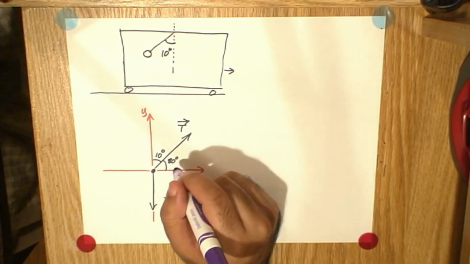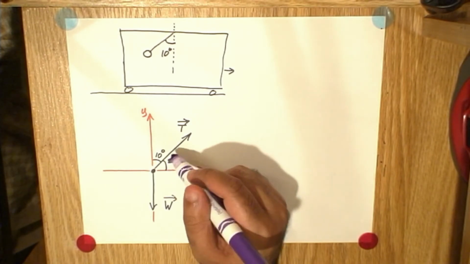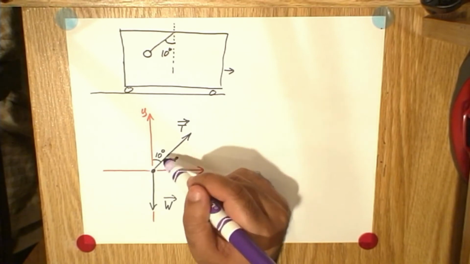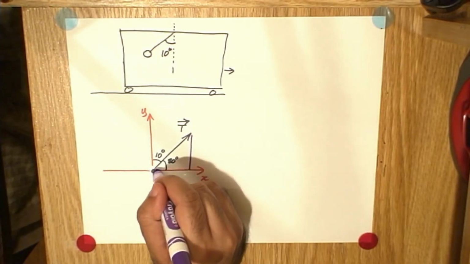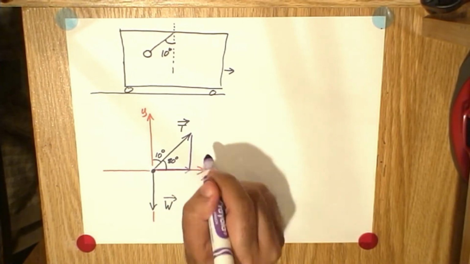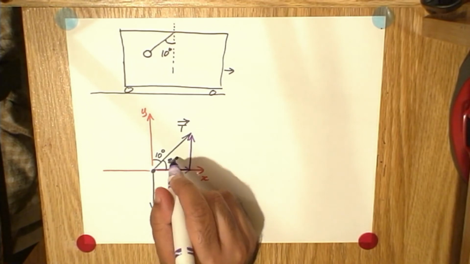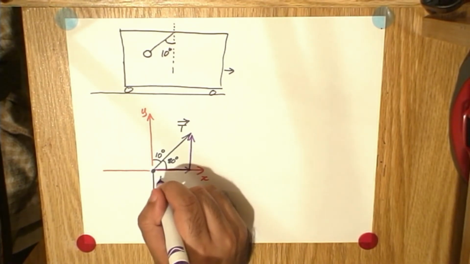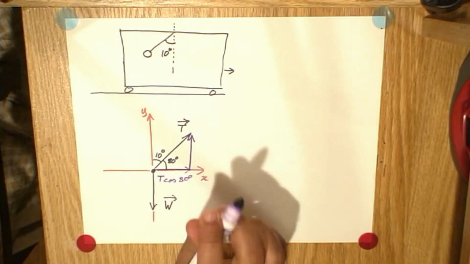So, now we're ready to perform the breakdown, or the conversion of a tension from polar coordinates with the angle of 80 degrees to Cartesian coordinates. So, the horizontal component is given using the cosine, T cosine 80 degrees. Actually, I should be a little bit careful.